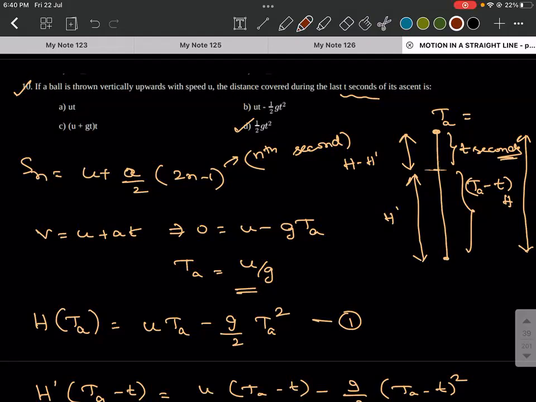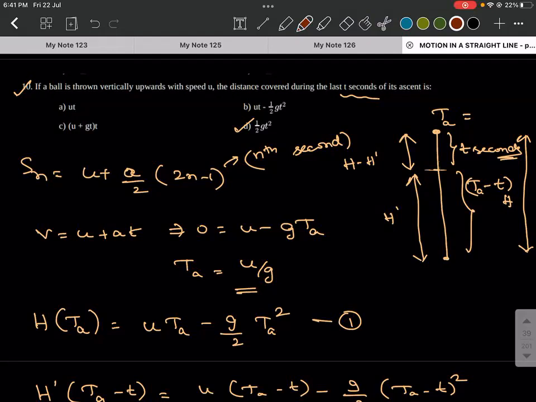They use the words distance covered by the object in the last t seconds. So if this is the time of ascent, in the last t seconds it has traveled this much distance. This distance is the maximum height, and this distance is the one traveled in the last t seconds. So this distance will be the distance traveled between the time of ascent minus the last t seconds. I calculated the maximum height, subtracted both, and got the answer as gt square by 2.